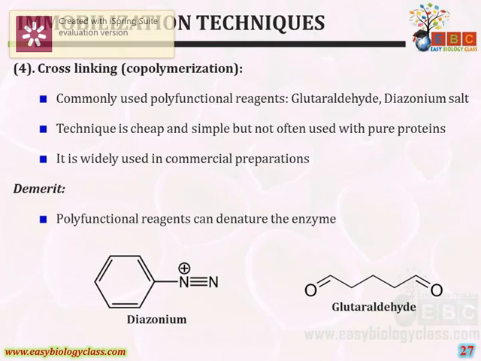There is one demerit of this process: the polyfunctional reagents can denature the enzymes. That is, enzymes can be destabilized or denatured, as glutaraldehyde and diazonium salt can change the structure of the enzymes.